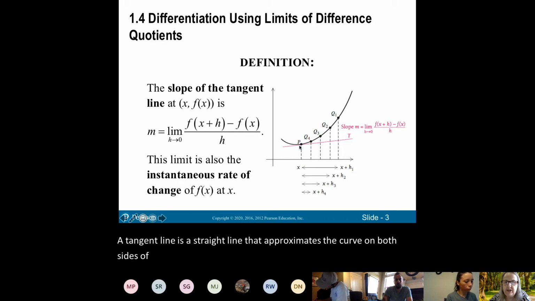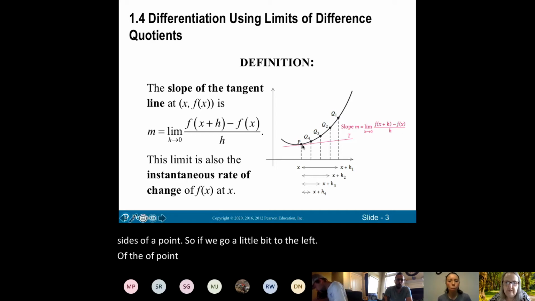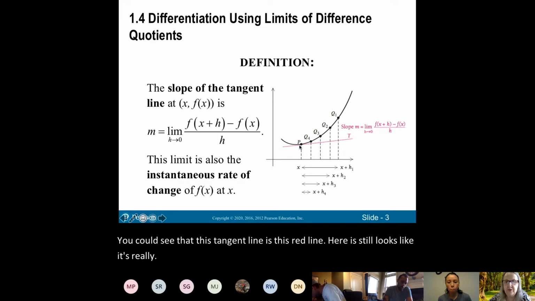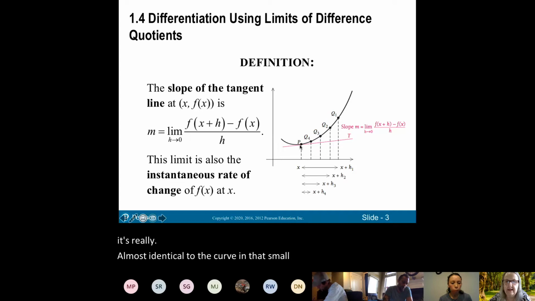So if we go a little bit to the left of point P, you can see that this tangent line, this red line here, still looks almost identical to the curve in that small little bit past P on the left.